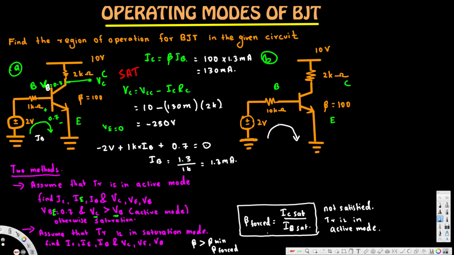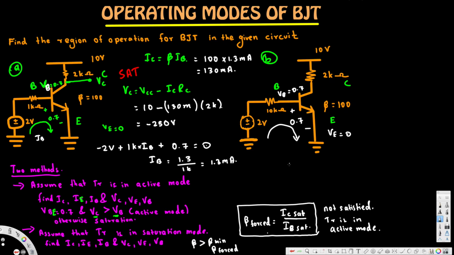Again, we know that VE is 0 because this is connected to the ground, and we know that in order to be in active mode, VBE should be 0.7. Since VBE means VB minus VE, and VE is 0, then VB must be 0.7.